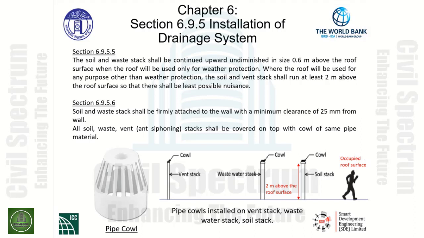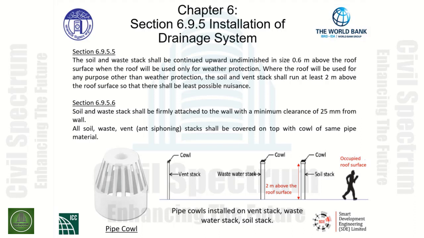As indicated in the graphic below, for example, we may have an occupied roof surface where people occupy a roof or a part of a roof. In this case, we need to make sure that any stack must be at least 2 meters above the roof surface.